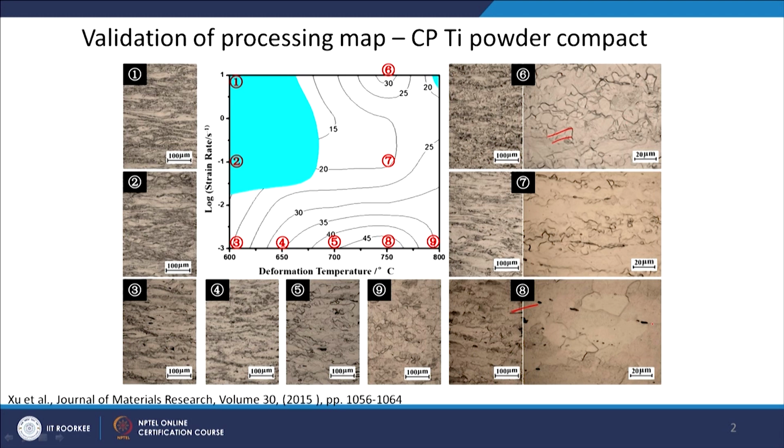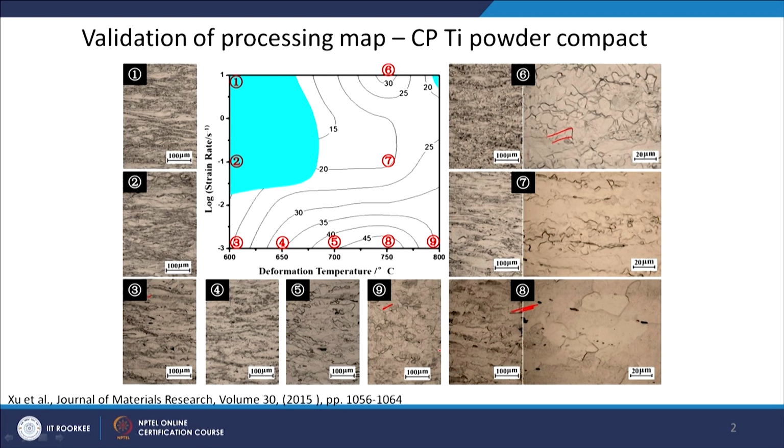So, all this region 3, 4, this 3, and here I think you can see some partially recrystallized grains forming on the boundary. So, 4, 3, 4, 5, all these are usually high efficiency regions, 8 and 9 also. So, 8 is here and 9 is here, more or less recrystallized microstructure.